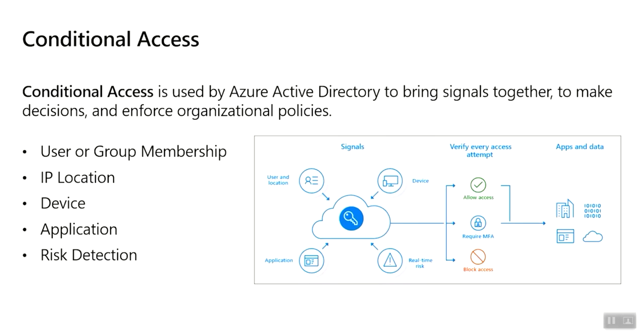Now, if I am logging in on a corporate device, but I am on a different network, then require multi-factor authentication. If they pass, then allow access to the data. Or if a user is not authorized to log in from a certain device or a certain location, then you can block that access.